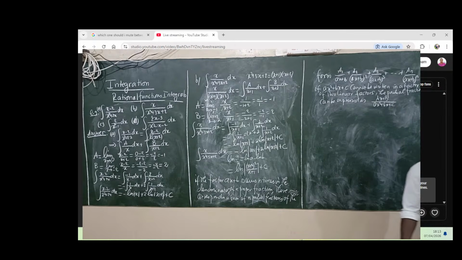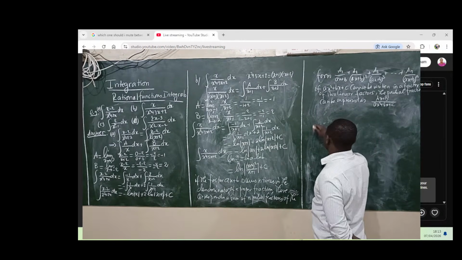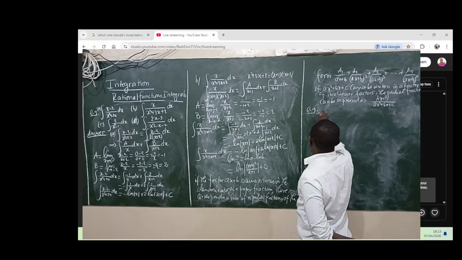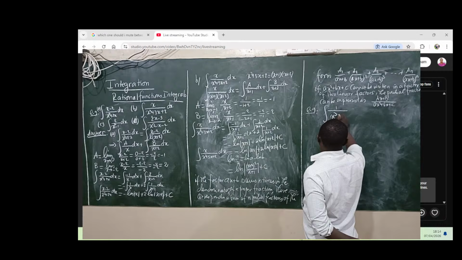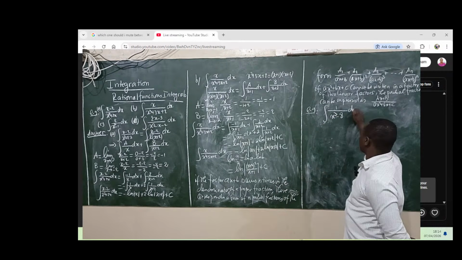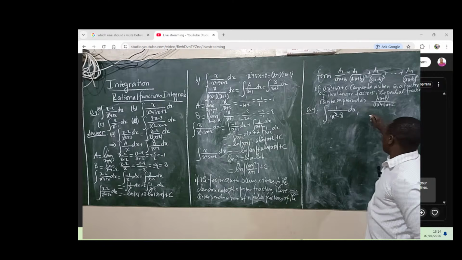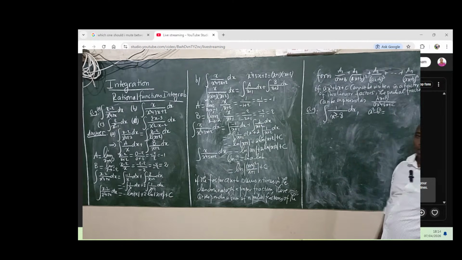Let me show you one simple example. Let's integrate 1 by x cubed minus 8. We know that a cubed minus b cubed can be factored as a minus b times a squared plus ab plus b squared.